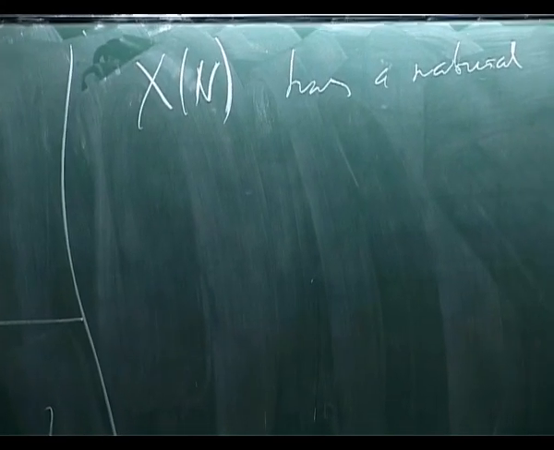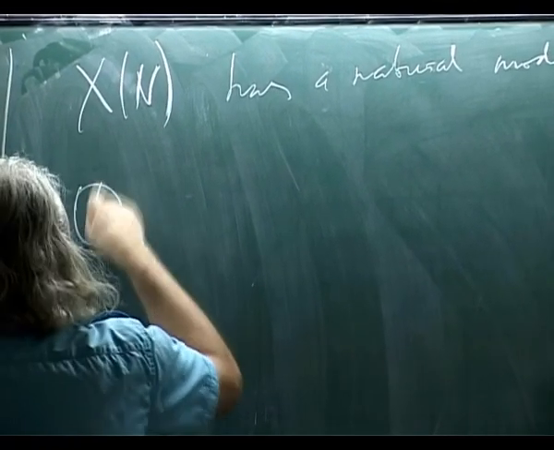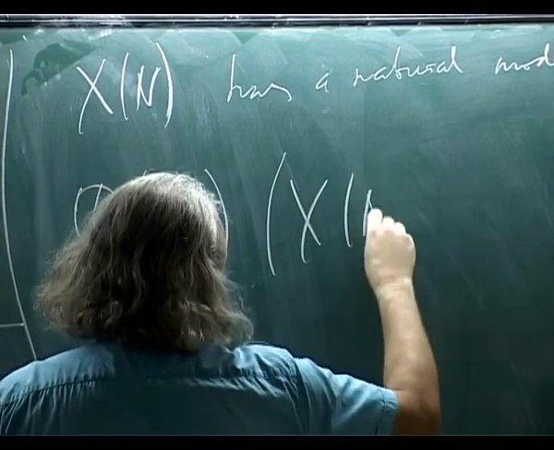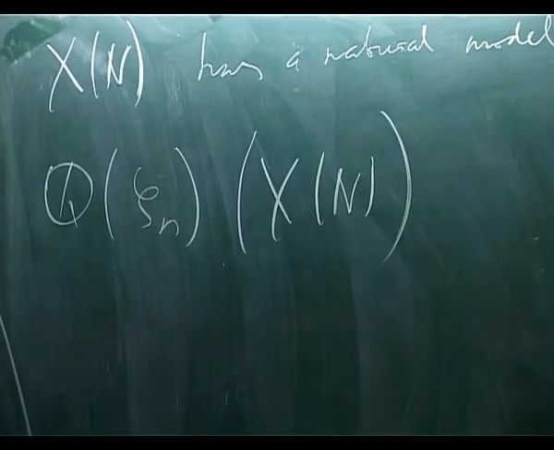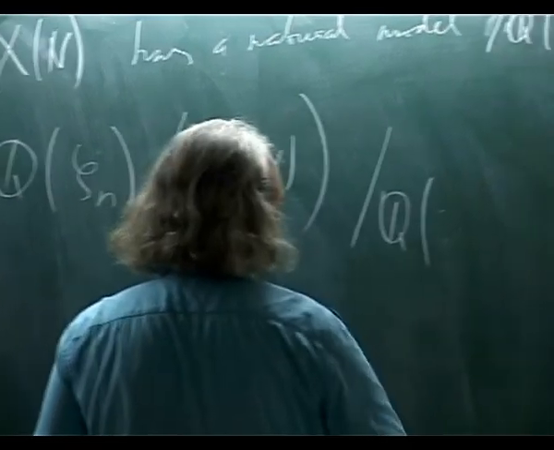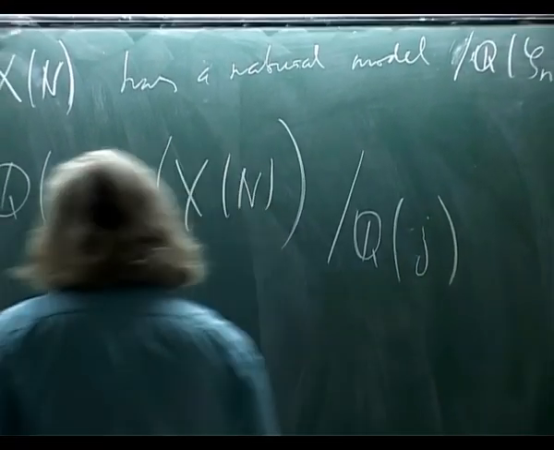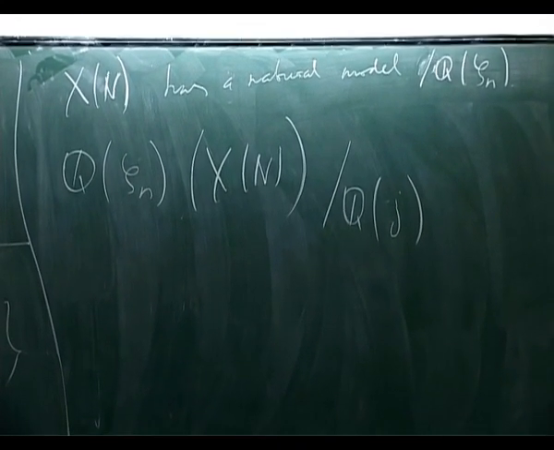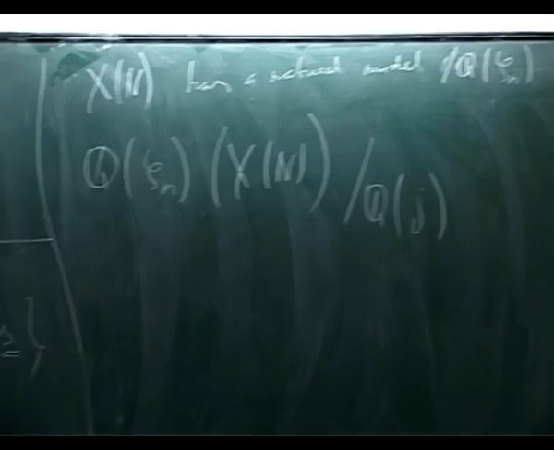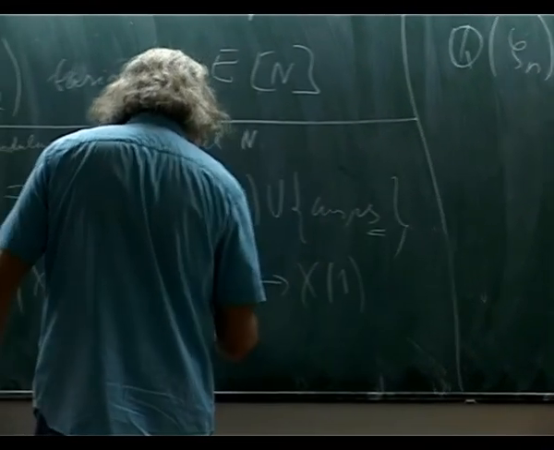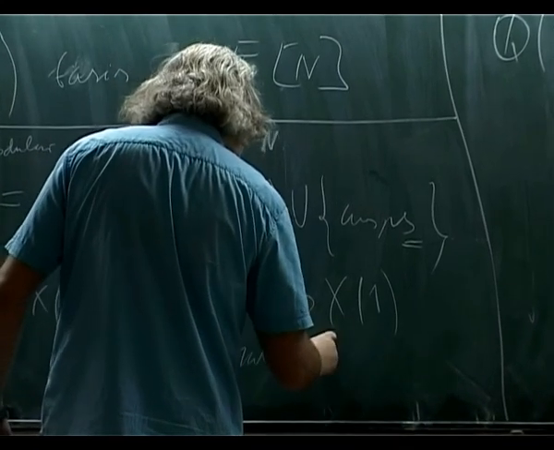And if we consider the field of rational functions over Q(zeta_n), and we take it over Q(j), now notice that this covering, corresponding X(n) to X(1), is a Galois covering.